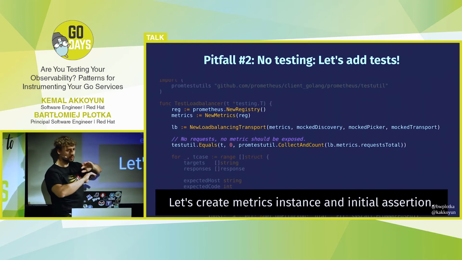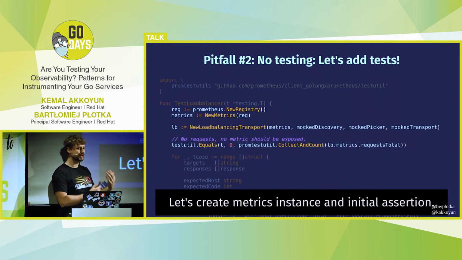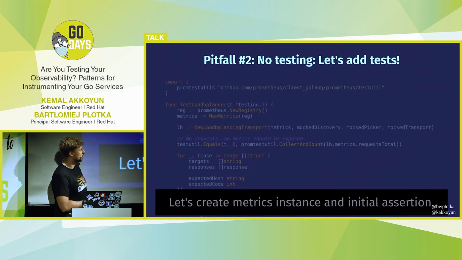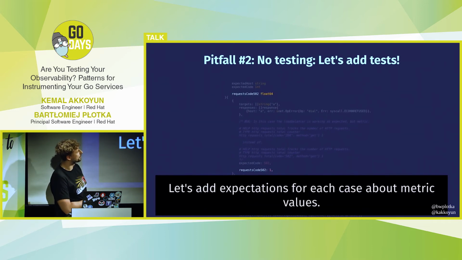And then before we do any custom request to our load balancer, let's assure that for now, there are no metrics incremented. We do that by checking cardinality. So we are checking how many series will be exposed with this metric. There will be none. So this is what we expect. And we do that via the first function we want to introduce here, which is the collect and count function. Cool.